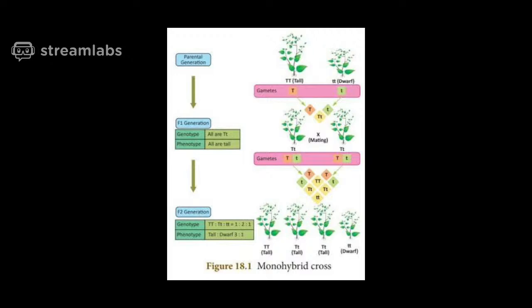He selected 1 tall plant and 1 dwarf plant and crossed them, and in the F1 generation, he found that all plants are tall. He didn't find the short plant in the F1 generation. He found all plants are tall.